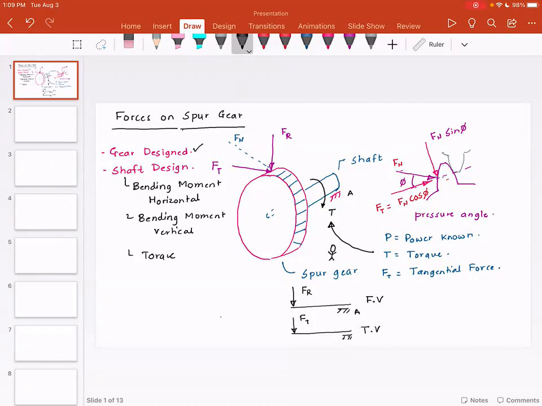So how do we solve the shaft design problem when I have horizontal bending moment, vertical bending moment, and torque?